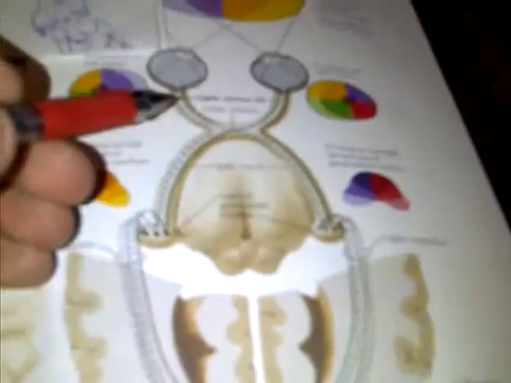Now it goes here and makes the optic chiasma. These both make the optic chiasma, which is better viewed here. This is the optic chiasma.